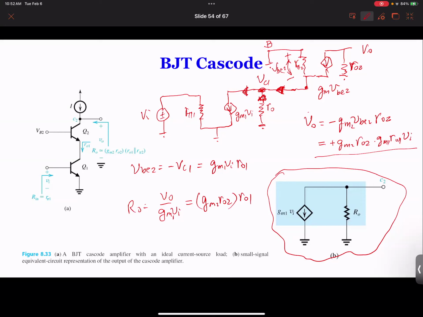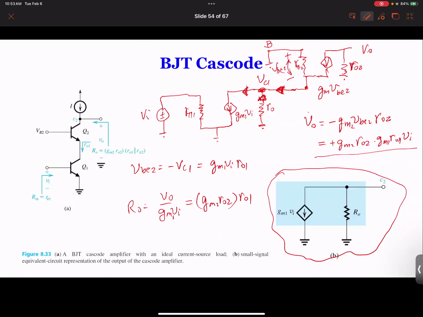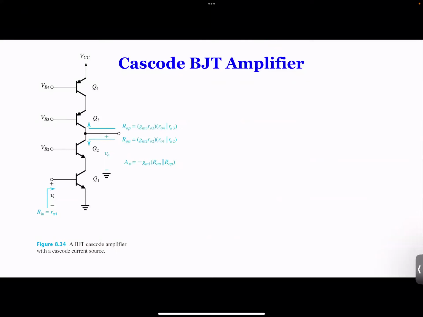By this time, you probably already clear that given the equivalent circuit, our gain is very big. Again, the gain here is A1 squared, right? So we can view this as A equal to A1 squared. This is very useful.